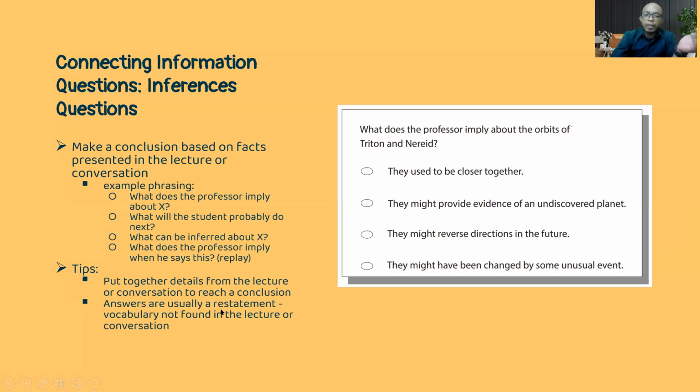If you see something that is too similar to what you hear, that is usually a trap or a trick option. So choose something you didn't hear, but whose idea and information is in line with the ones in the listening.